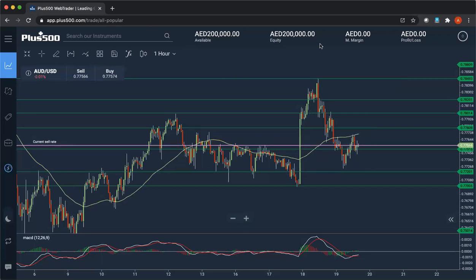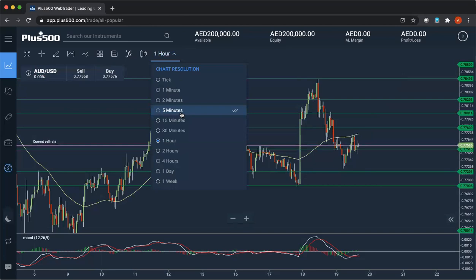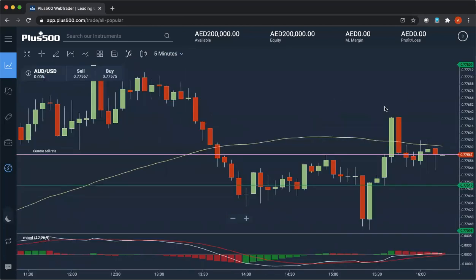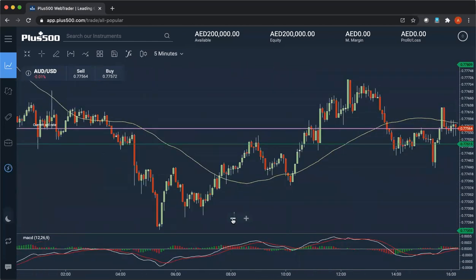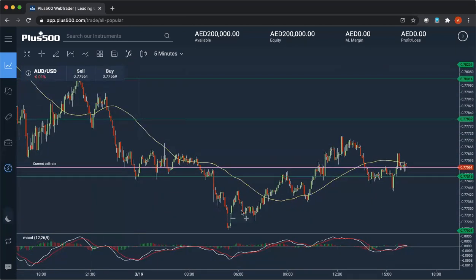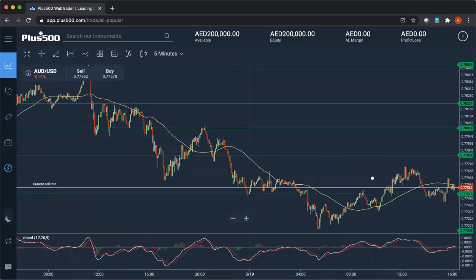So in the last phase of this session, I'm going to the 5-minute chart, okay? I'm relying on the 5-minute chart for entry. If you want to reduce the risk, it's always good to take the 5-minute chart as the entry level.